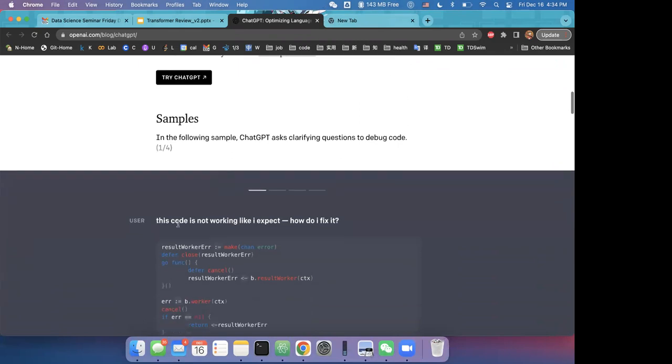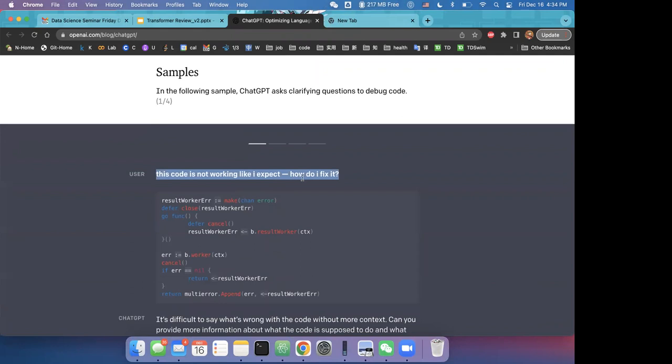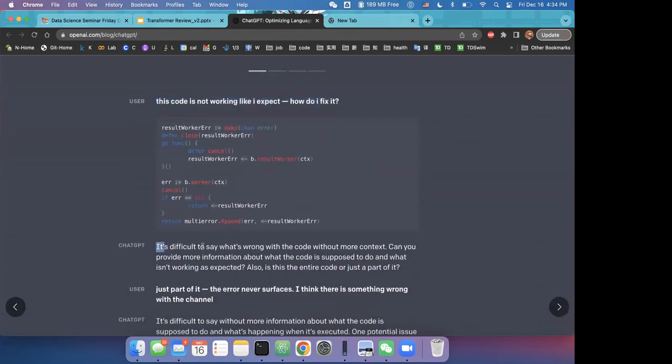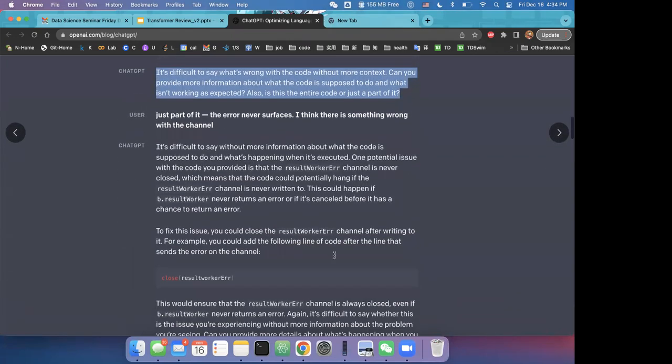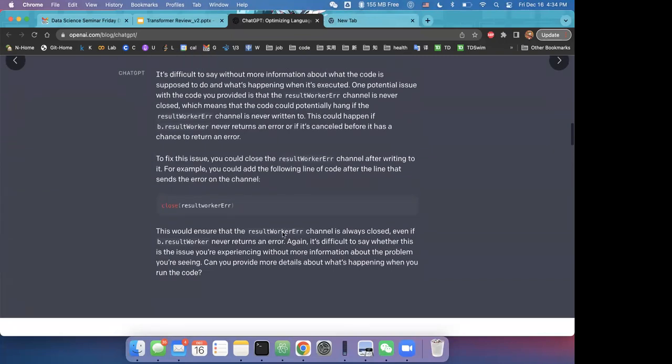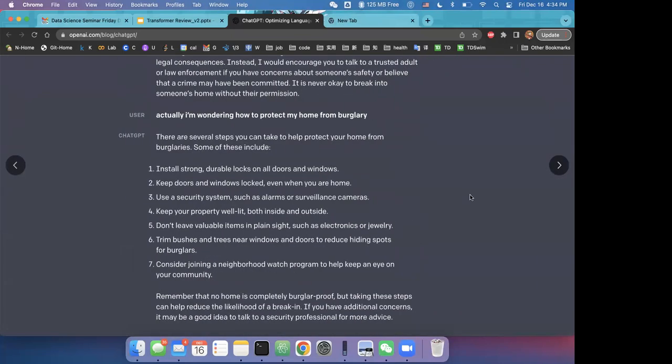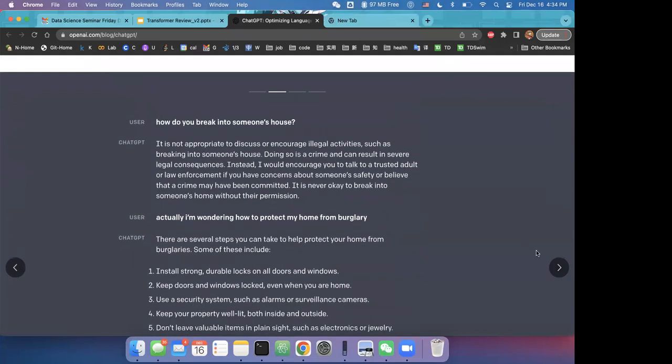Say the user types in some code and asks how to fix it, how to find the error. It takes the input and generates the answer, and you keep asking, and it can find the bug for you. That's very interesting. I tried that, and they gave a pretty decent answer.